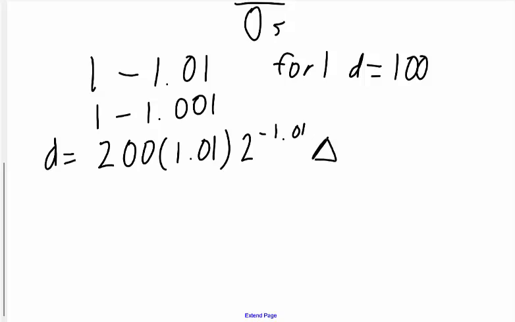So the delta distance, the change in distance, is approximately 0.302 degrees.